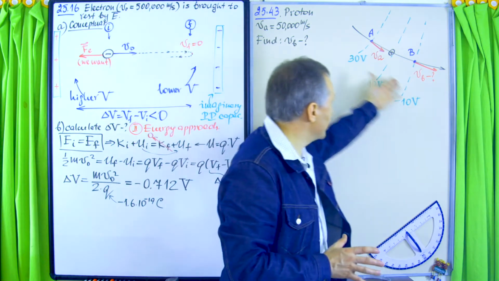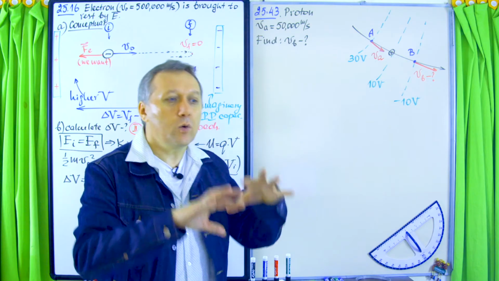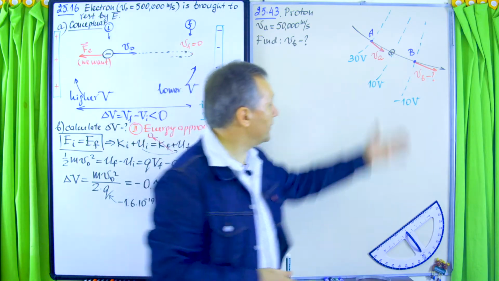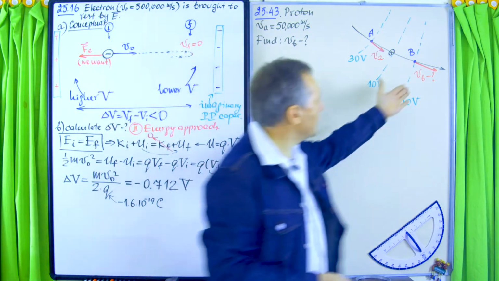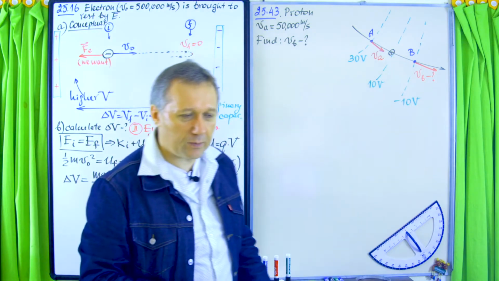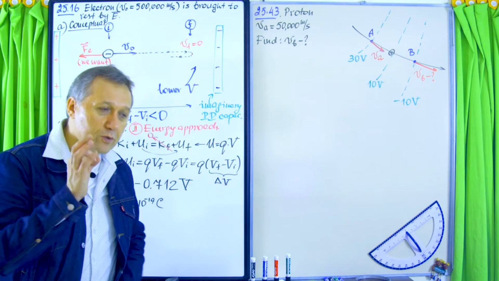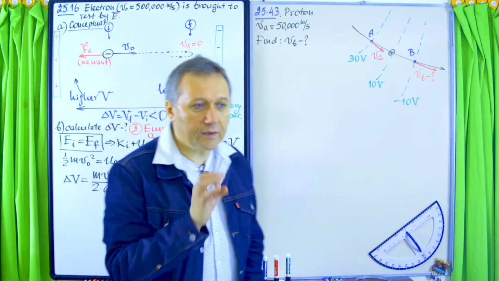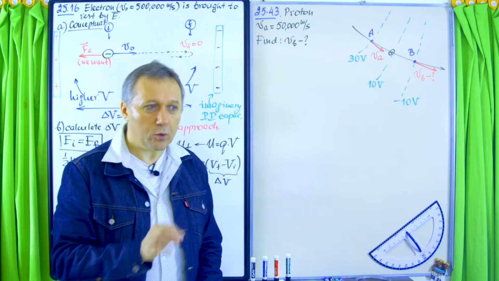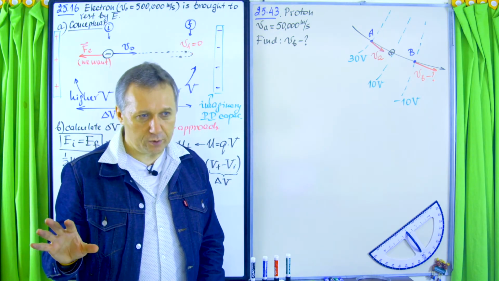For example, based on these three equipotential lines, we can get only the average value of the electric field in this region, but the average value is not good enough for us to get the exact value of the velocity at that particular point. So we just don't have enough information to apply the force approach in this case. Only the energy approach can be used.